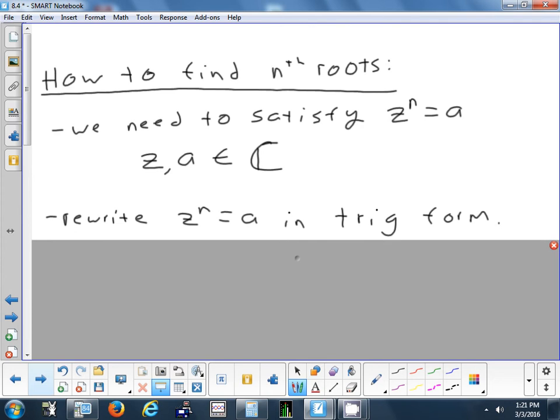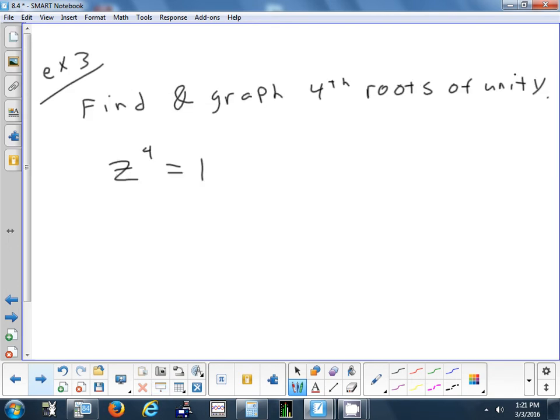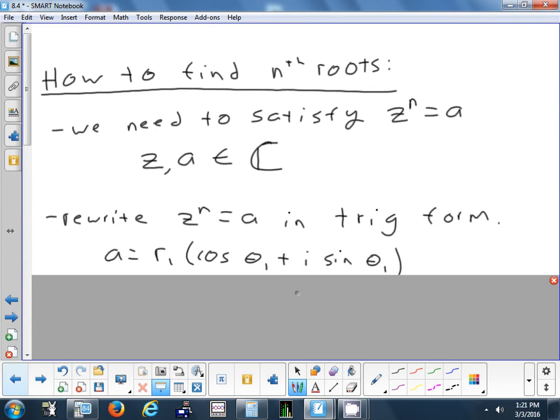So the first thing we do after we set up this equation is translate it to trig form. When we do that, what's on the right is going to be an actual number. What's on the left are going to be all my variables. In general, you're going to have an a, with a value for it.